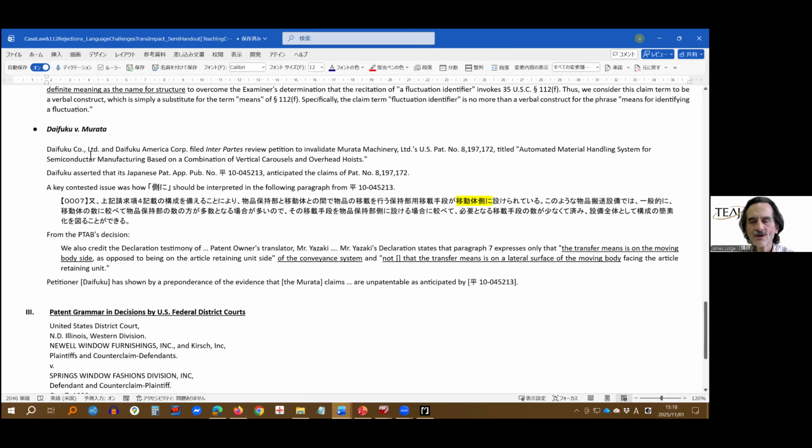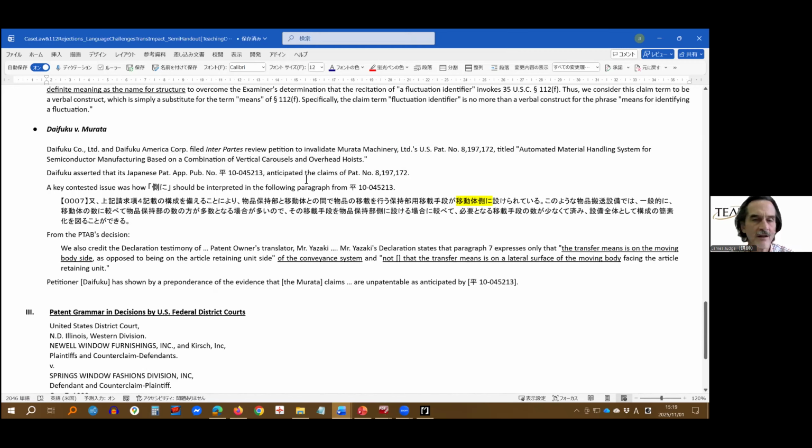So this was an inter partes review proceeding. It's a trial for invalidity, basically conducted within the patent office at the PTAB. And in this case, Murata had a patent, and that's here, entitled Automated Material Handling System for Semiconductor Manufacturing based on a combination of vertical carousels and overhead hoists.